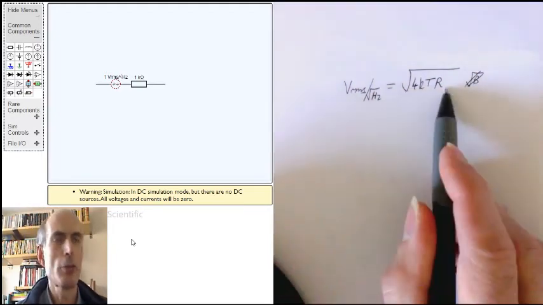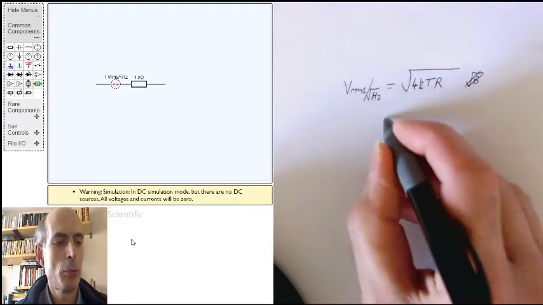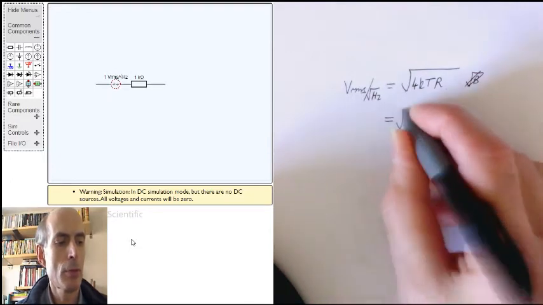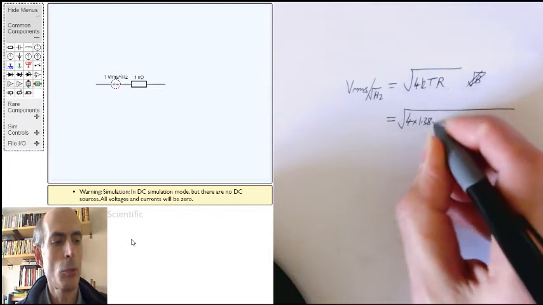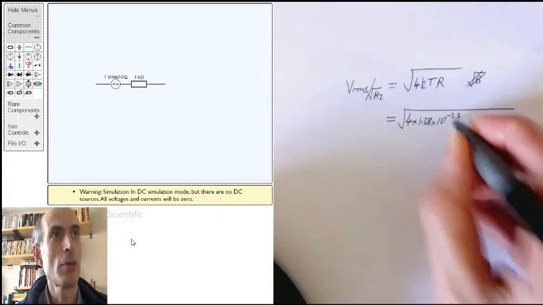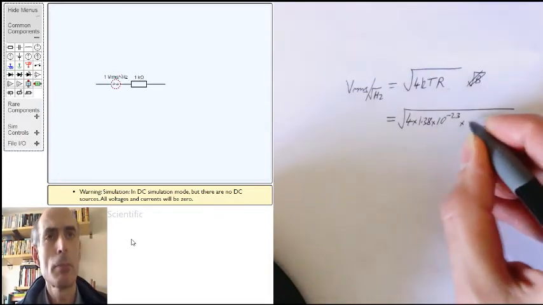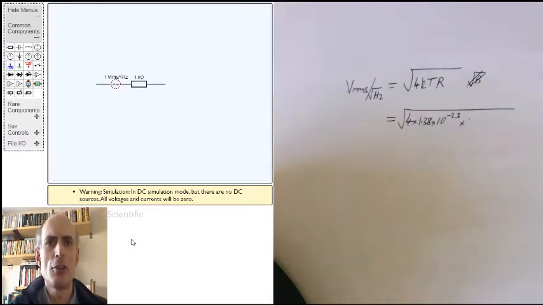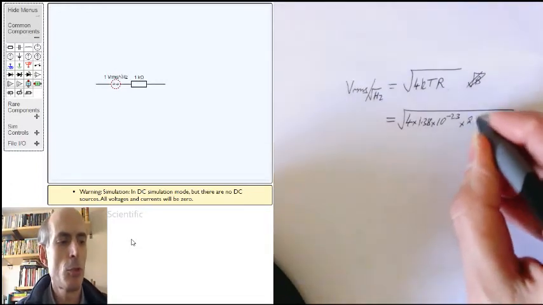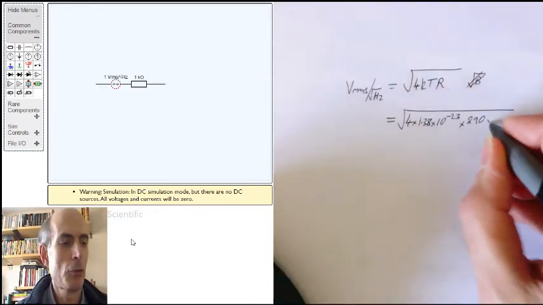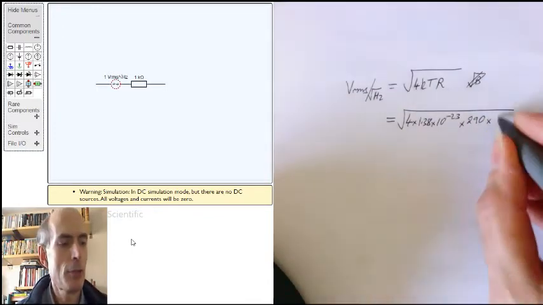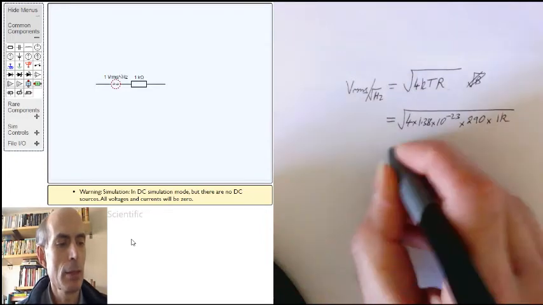So that's given by this formula here. If we put in the values for that formula, square root of 4 times k, 1.38 times 10 to the minus 23, times T, which we usually assume to be 290 degrees Kelvin as standard laboratory temperature, and then multiplied by the value of the resistor. In this case, that is 1K.